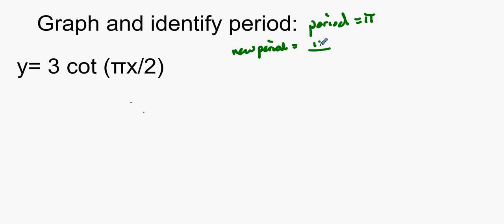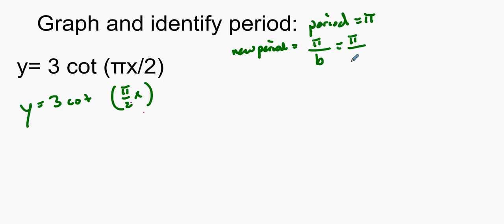So in this case, we're going to take pi divided by b, if there is a b value. Well, it just so happens that we do have one here, and we have cotangent, and we have 3 equals y. And so our new period is going to be pi divided by our b value, which is pi over 2. And so that's going to equal 2. We have a new period of 2 for this cotangent function.